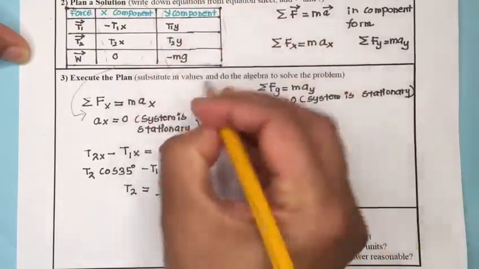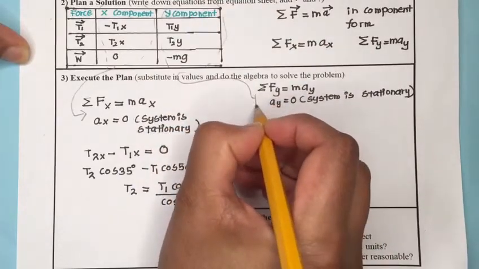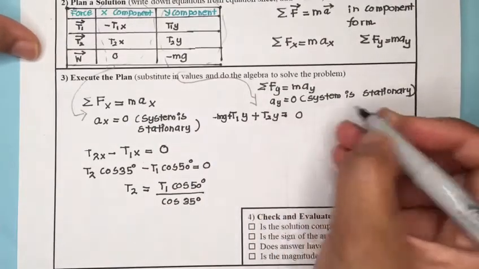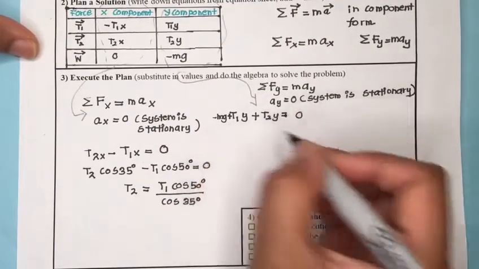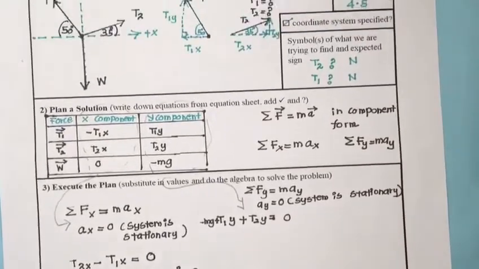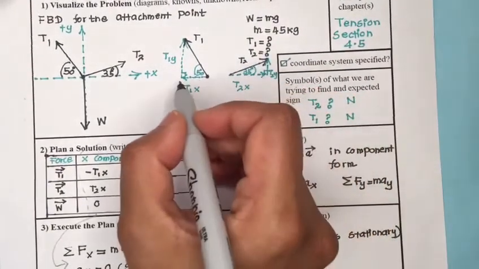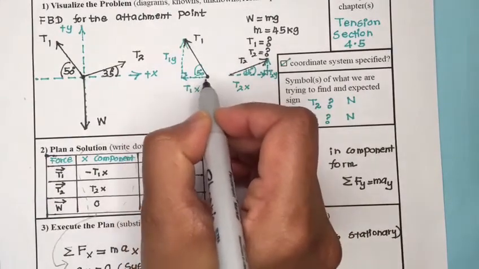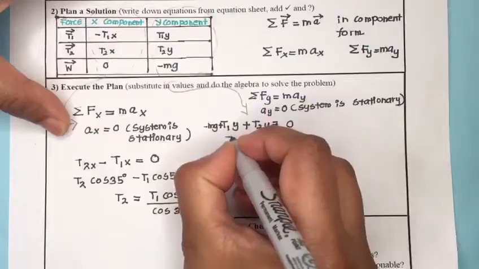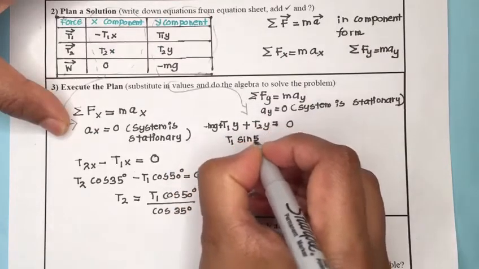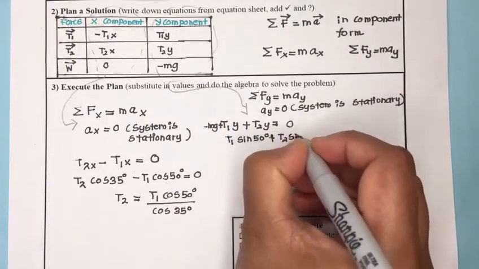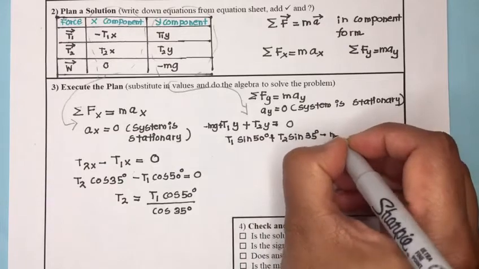So those are the components of forces in the y direction. If you add all those components, that's again equal to 0 because acceleration is 0. And now I'm going to express T1y and T2y in terms of the sine of the angle, because T1y and T2y are the opposite sides of the right triangle.